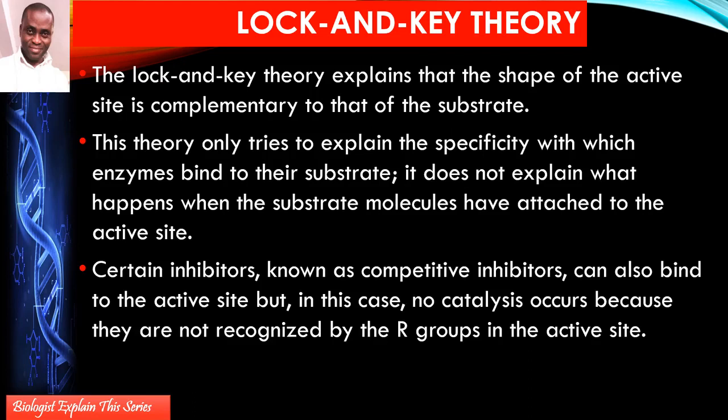So you can begin to look at the lock and key as a rigid site where only a particular kind of molecule could enter, as M.A. Fisher portrayed. And now the revelation that there are some molecules called competitive inhibitors that are daring enough, very bold and very daring. If they are around, they will enter the active site and compete with the substrate for the active site.